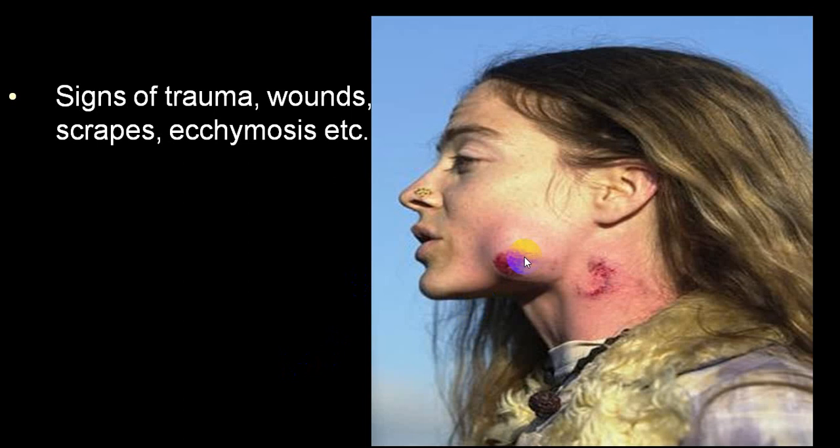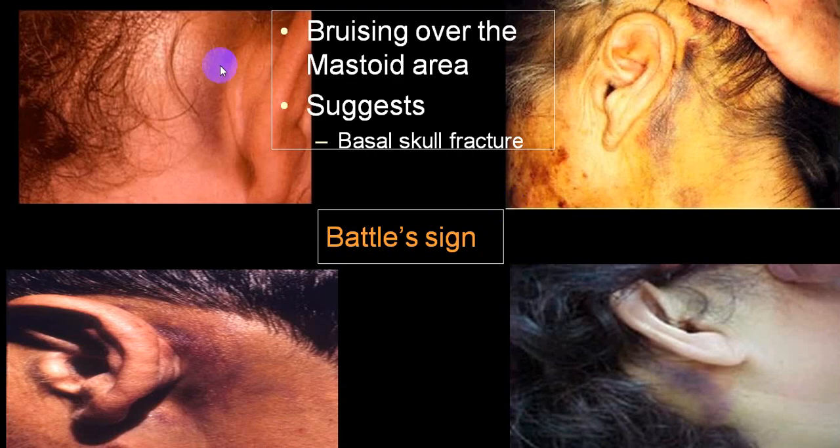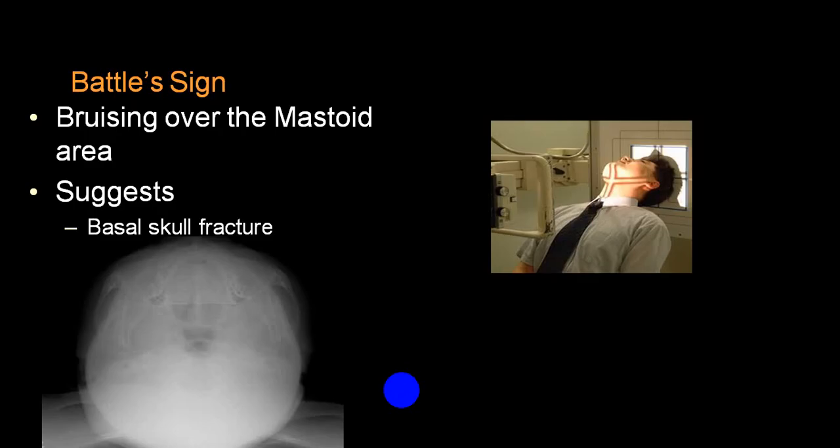This is called battle sign, hematoma. You will have hemorrhage around the mastoid process. You can see this will be battle sign around the mastoid process behind the ear pinna.